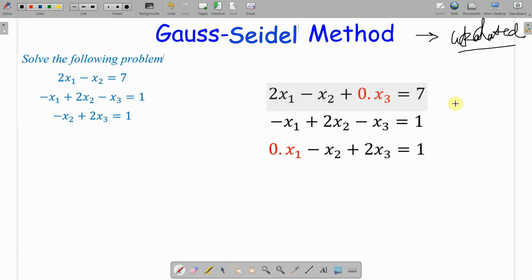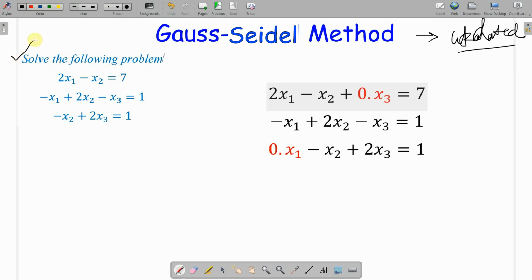The latest value of x1 you got could be from that iteration or from the previous iteration, it doesn't matter. The updated or latest value you are getting will be your input value for the result of x1 or x2, or whenever you are calculating x3. Got it? Now for the Gauss-Seidel method, let's solve the following problem.